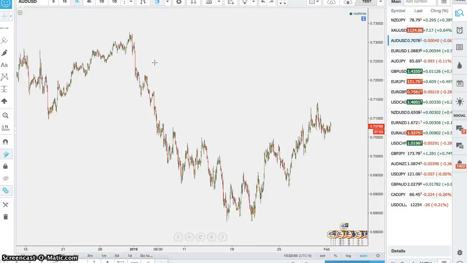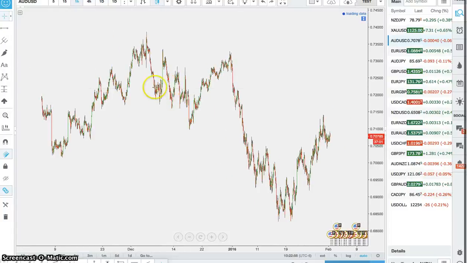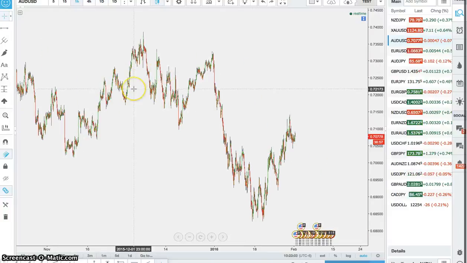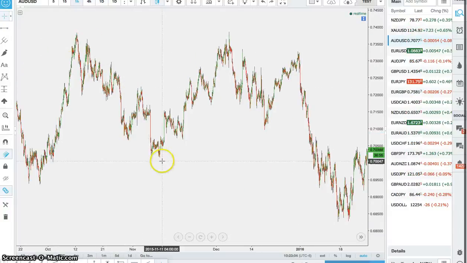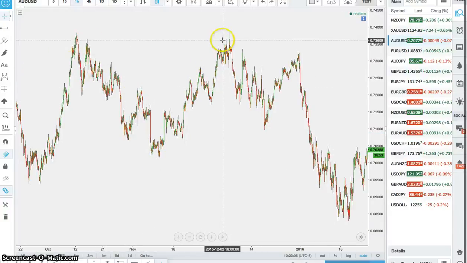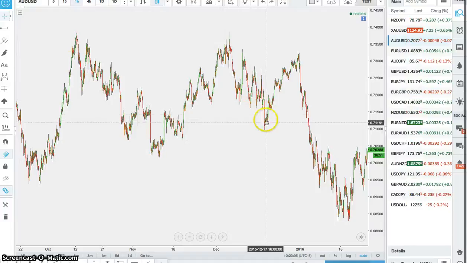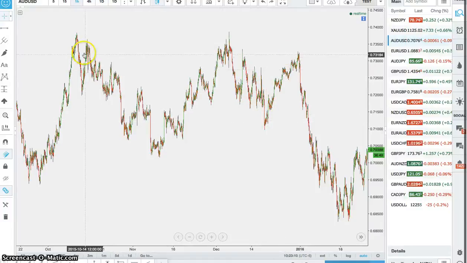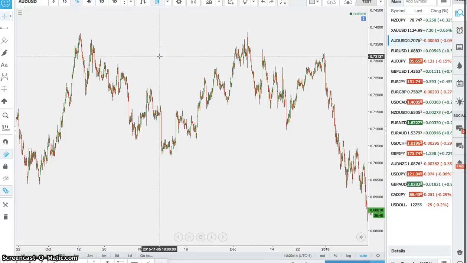To practice drawing channels, we would just go back and try to find these trends in here. You can see that there's a downtrend and an uptrend, another downtrend, a slight uptrend. We want to practice drawing the channels around those so we can get better at recognizing where those channels and trading ranges are.